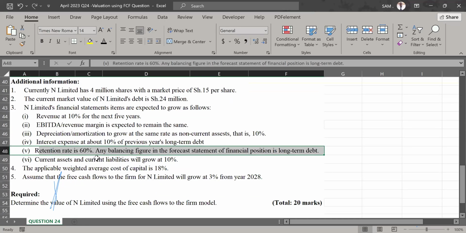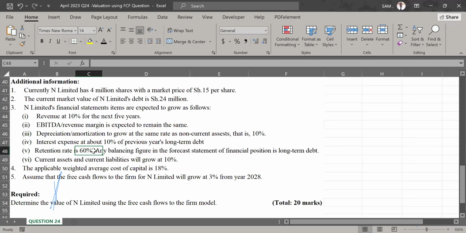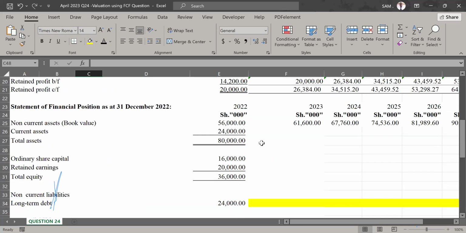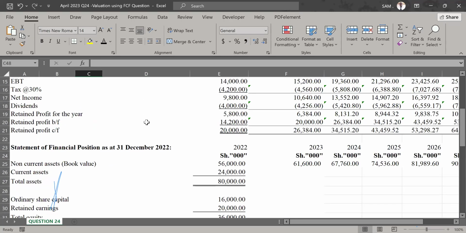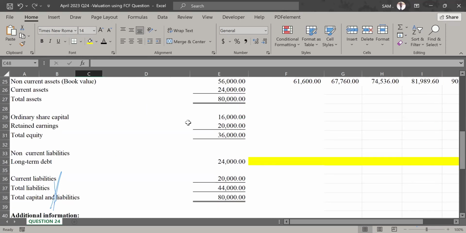Now we go to the next part after the retention rate of 60%, and we were told any balancing figure in the forecast statement of financial position is long-term debt. Now, that tells us after we've done all the entries and computations necessary, this statement of financial position will not balance, and the balancing figure which we will need will be the figure to fill up this space of long-term debt.